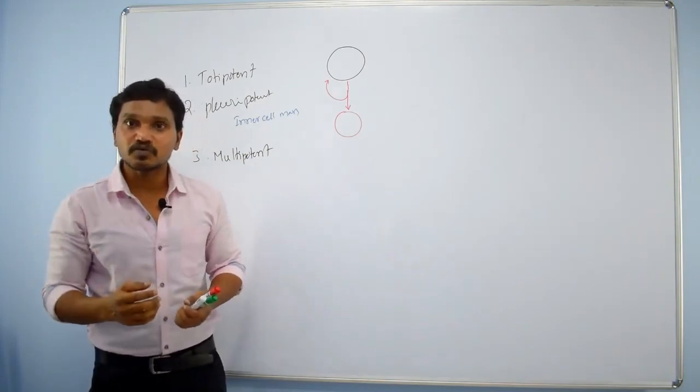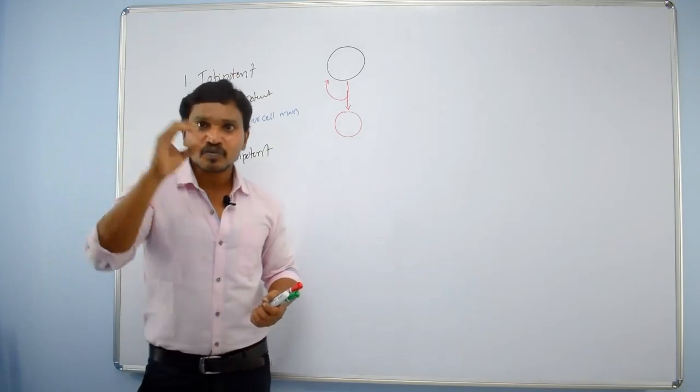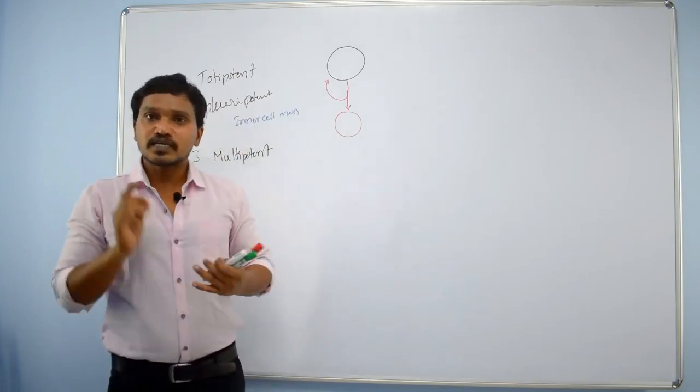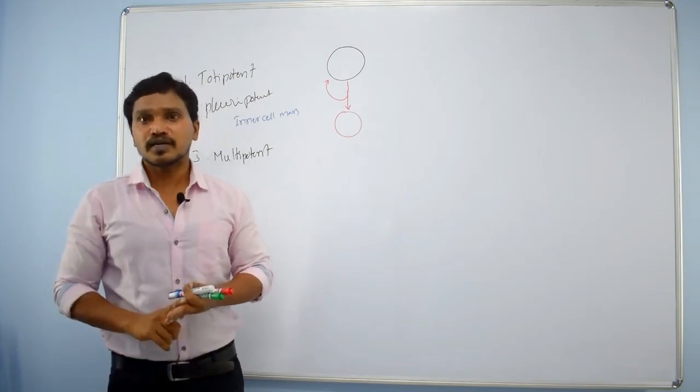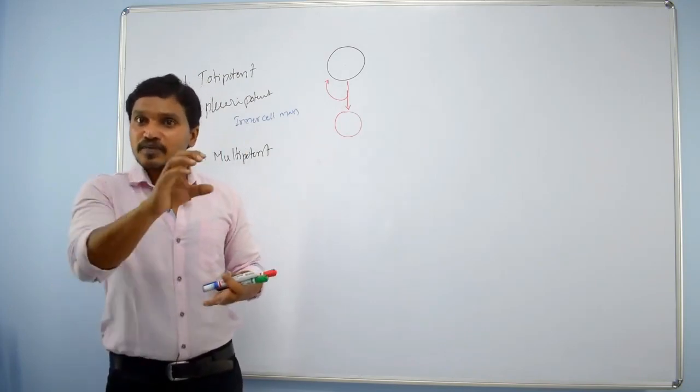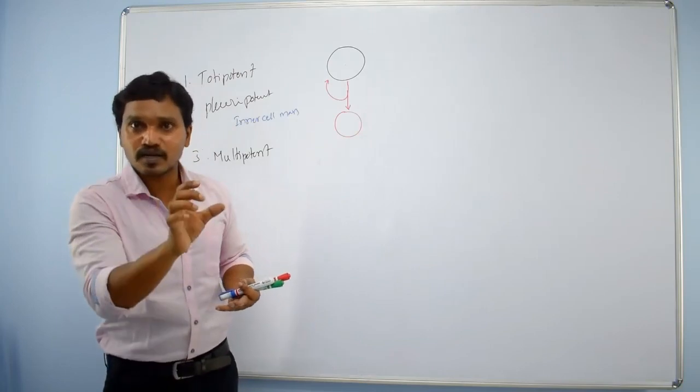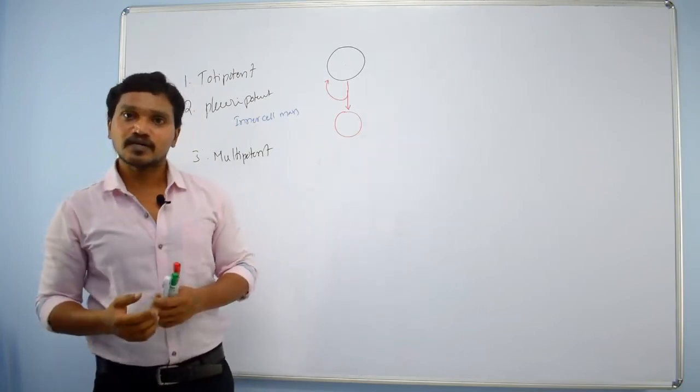Multiple types of cells means what? If you observe the blood stem cell, it can produce RBCs, WBCs and platelets, right? From the same stem cell. What is that stem cell? Blood stem cell.